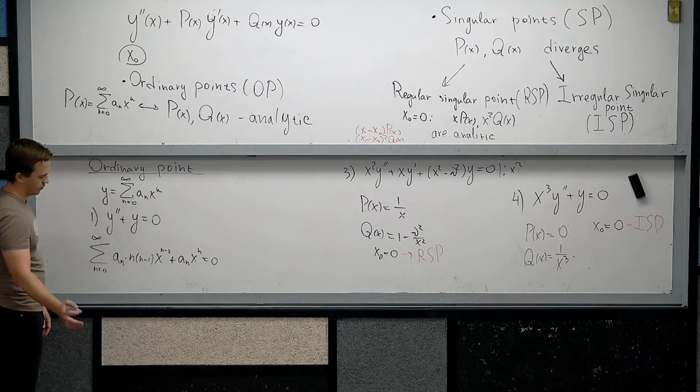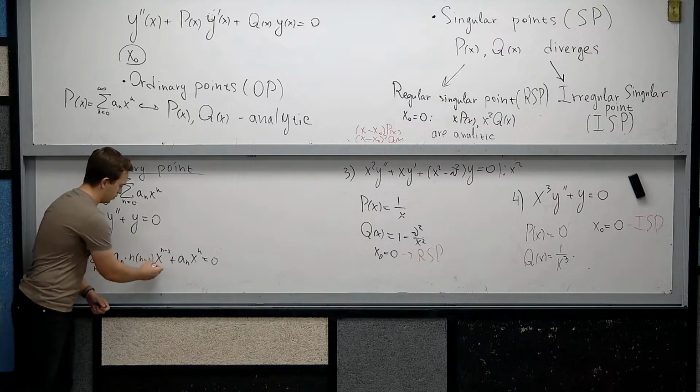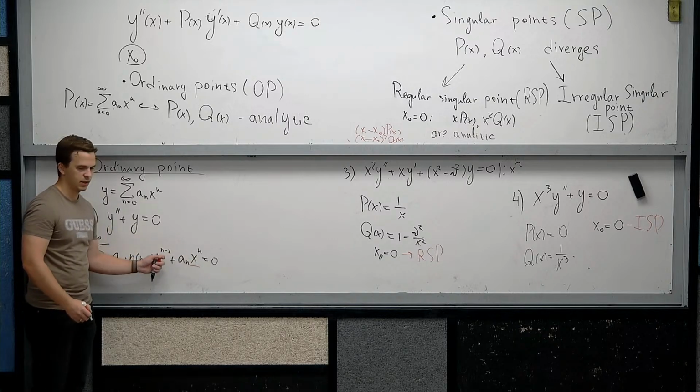When we need to get the recursion relation, how can we get it? Play with the indexes. Substitute n prime equals n minus 2. We want this and this to have the same power.